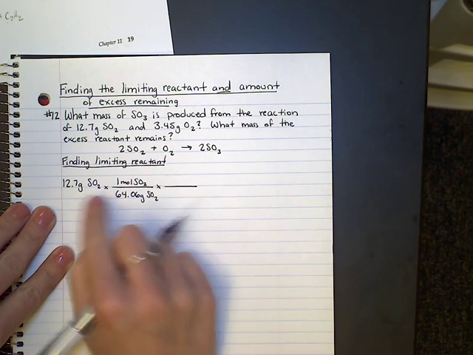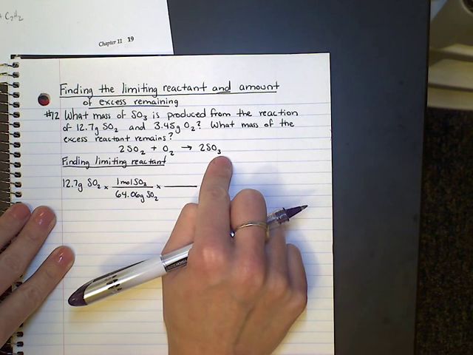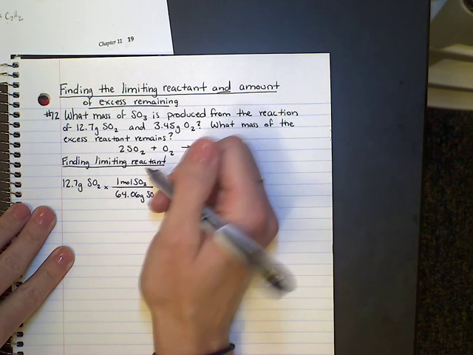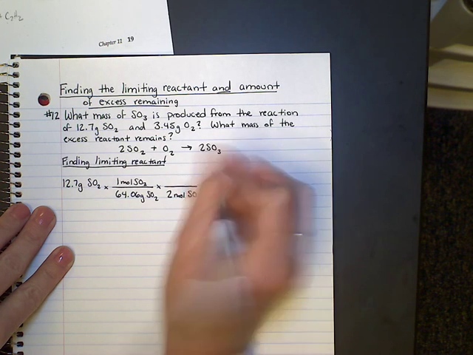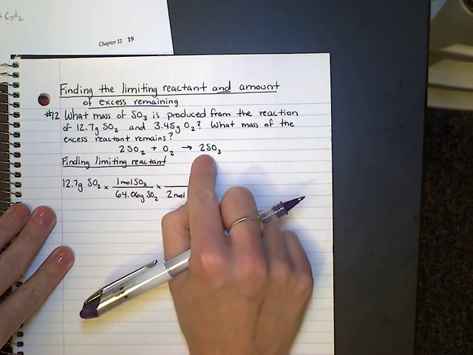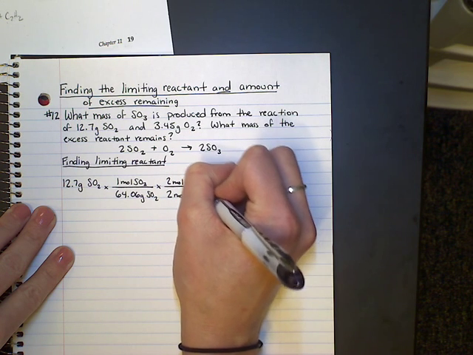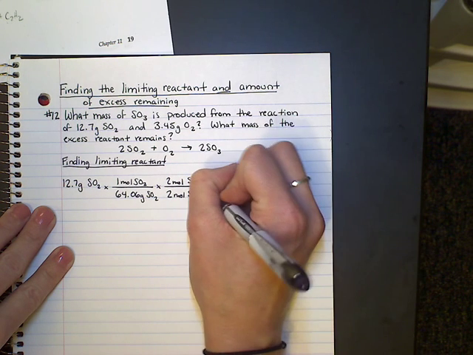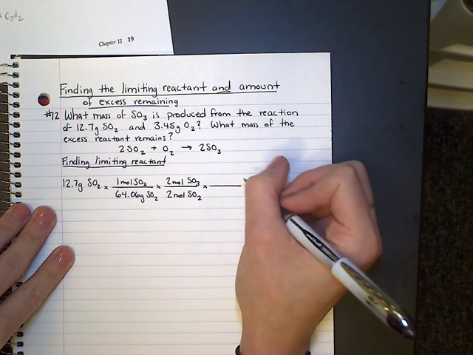Now I got my grams into moles. Now I need to relate my reactant to product using the mole ratio. So then for every 2 moles of SO2 I have in my reactants, I have 2 moles of SO3 produced. And now I'm going to get into grams because the problem was asking how many grams of SO3 we can produce.